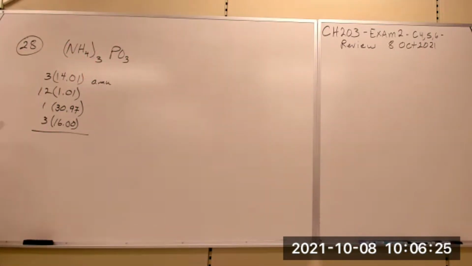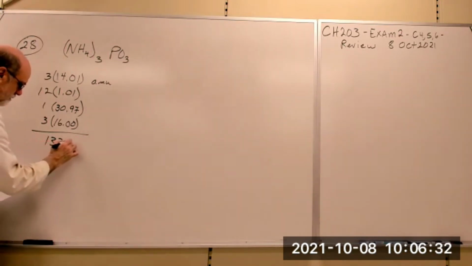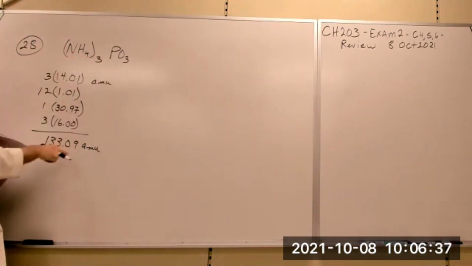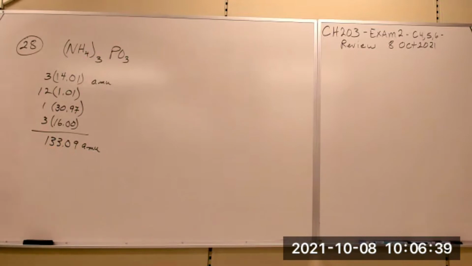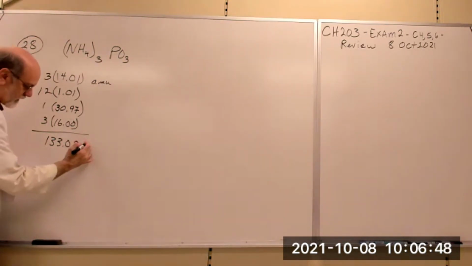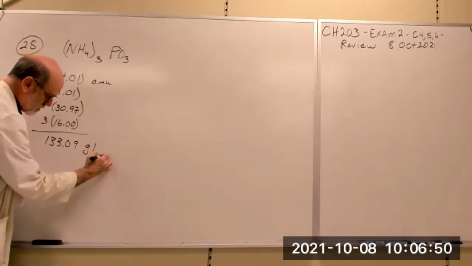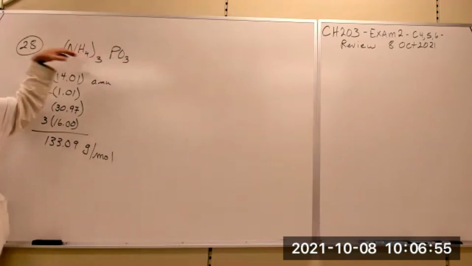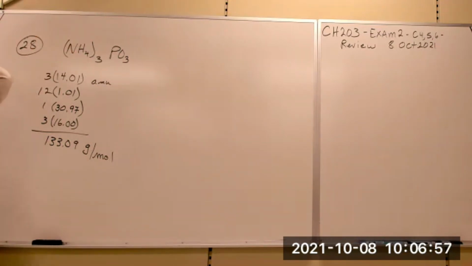Okay. And let's see, I've got the answer here, so I don't have to calculate it. For that group of atoms, it would be this many atomic mass units. But since we learned about the mole, that value can also be molar mass. So if you have a mole of these formula units, which would be how many?